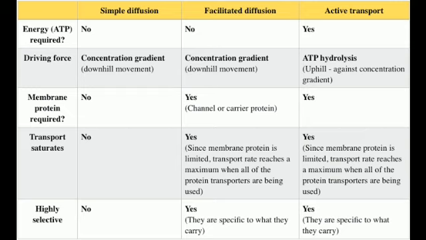There is no transport saturation in simple diffusion, but there is transport saturation in facilitated diffusion and active transport whenever all protein transporters are used. And the final difference is that facilitated diffusion and active transport are highly sensitive to inhibitors.